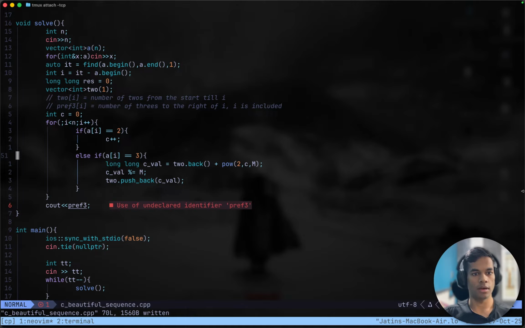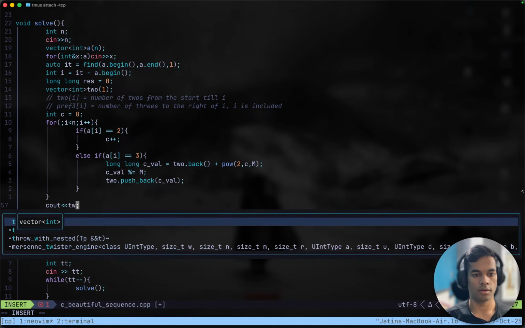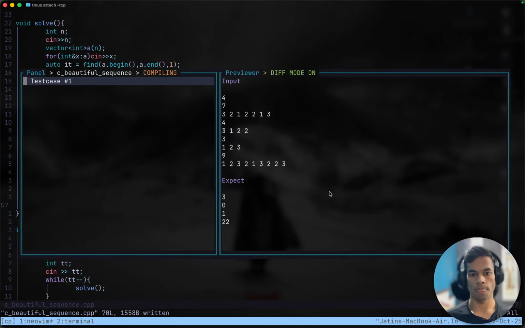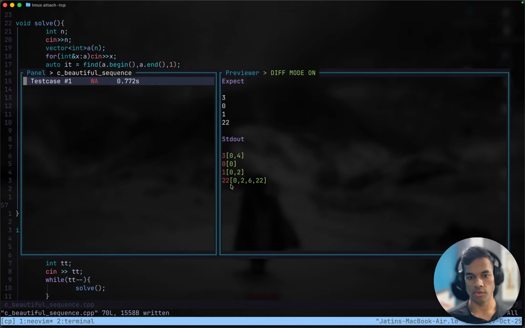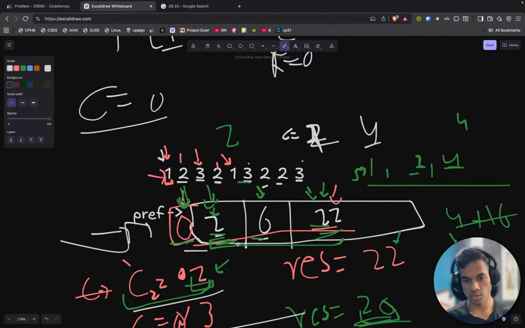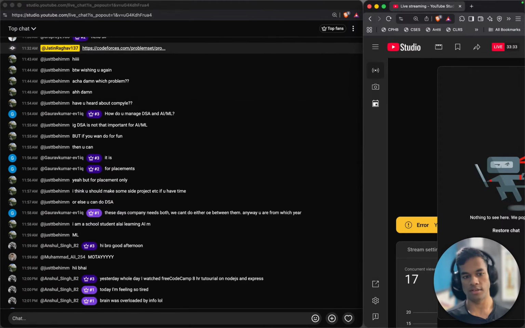And for the last one, we have 0, 2, 6, 22, which is exactly what we created here. 0, 2, 6, 22. Makes so much sense.